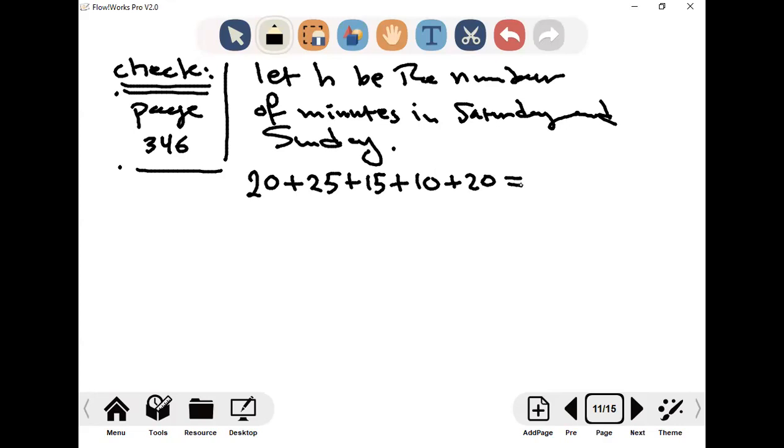Let's add them. 20, 40, right? 40, 60, 20, 40, 50, 60, 70, 75, 90, right? This is 90. 90 what? Minutes. So the first 5 days, the known days, 90 minutes. Plus Saturday and Sunday, what did we call them? H, right? Both of them.